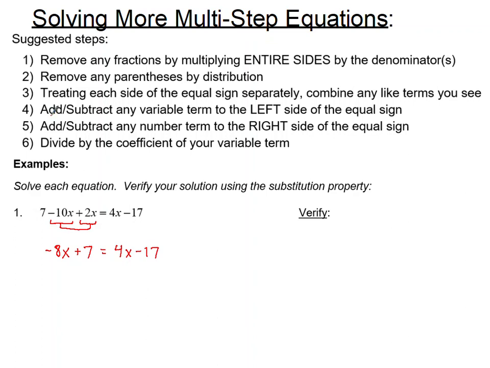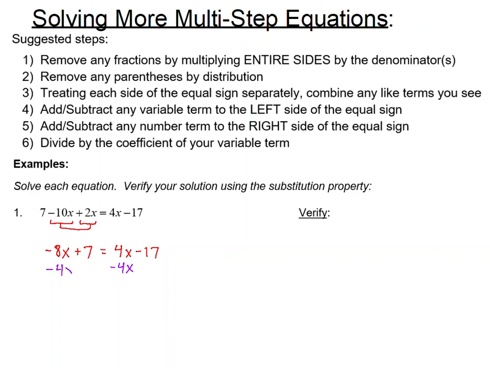Next, step 4. We're going to add or subtract any variable term to the left side of the equal sign. I see a variable term on the right side of the equal sign, so it's a positive, so I'm going to subtract that term to the left side. It's like terms with itself, of course, and it's like terms over here with the negative 8x.